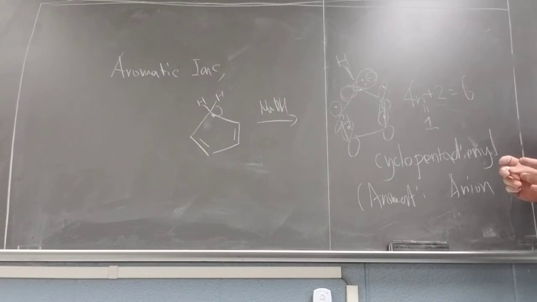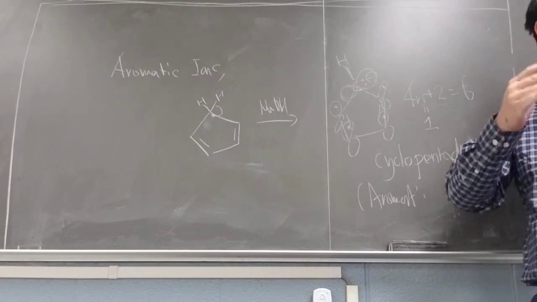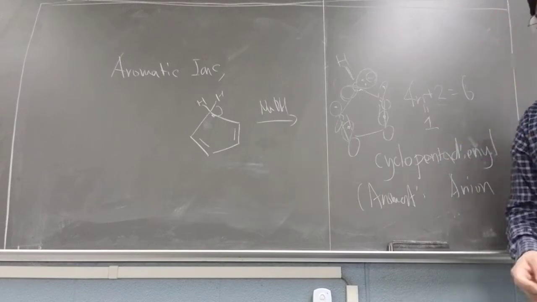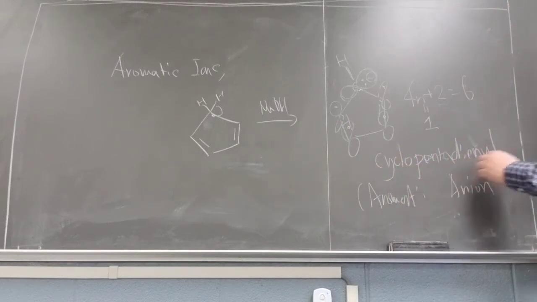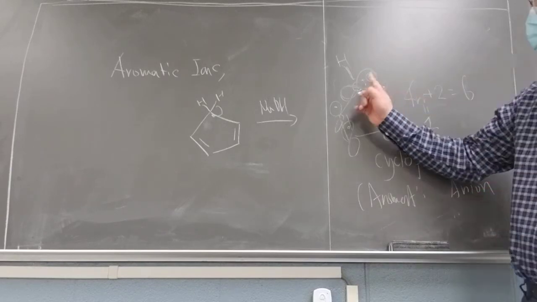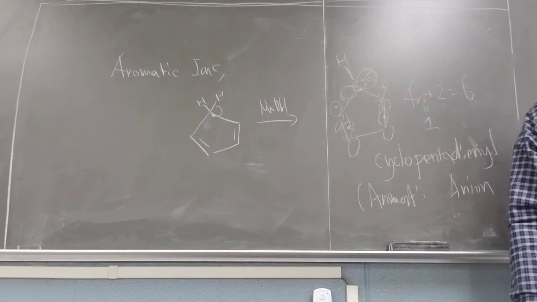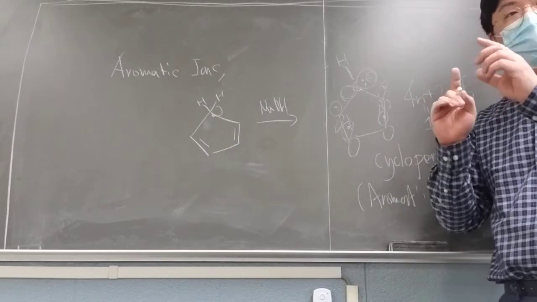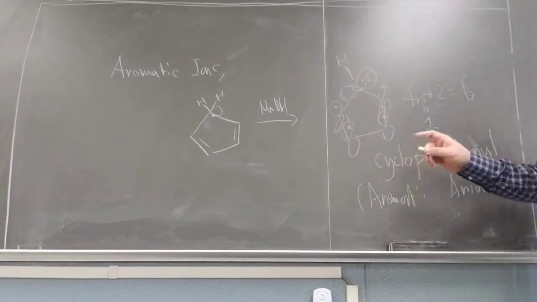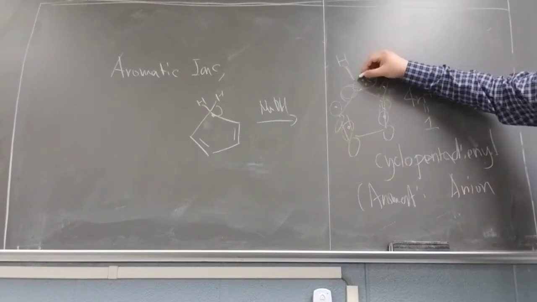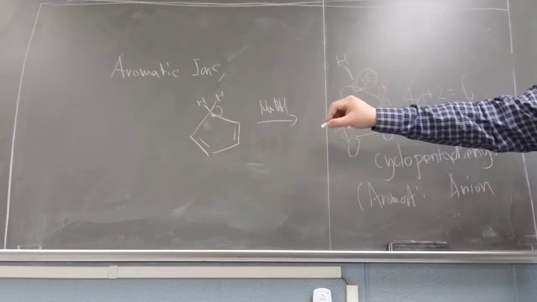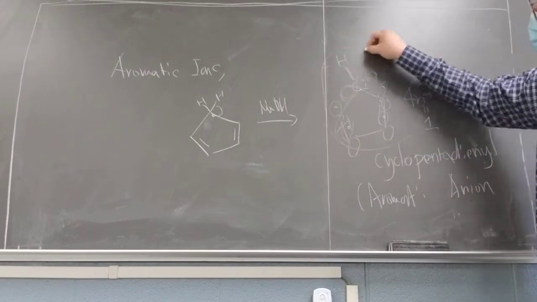So when it becomes an ion, there's one negative charge, and we call this cyclopentadienyl anion. The lone pair on this carbon, this negative charge, is located there. There are 2 pi electrons located in the p orbital. That's why you can count those 2 in your aromaticity rule, which will be 1, 2, 3, 4, 5, 6, so this will become aromatic.